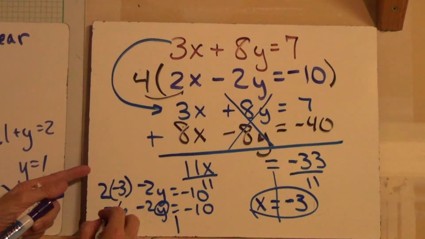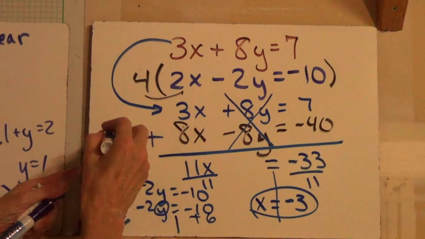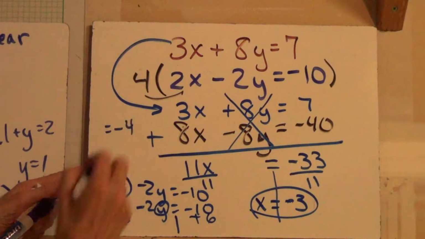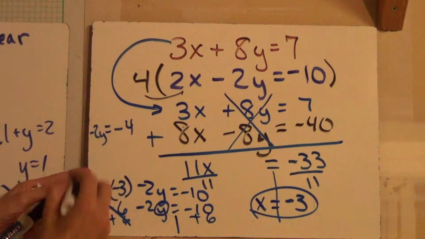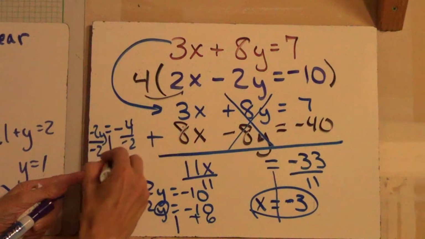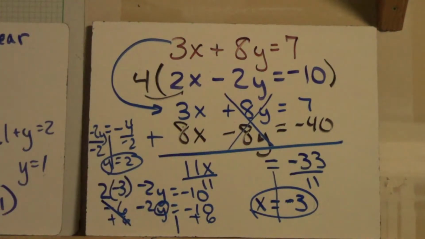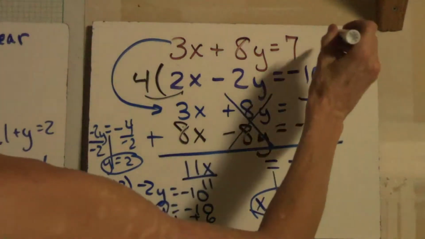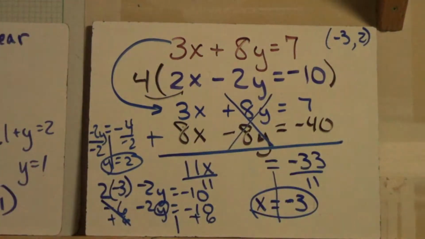To get rid of that, you do a plus 6. A negative 10 and a positive 6 would be negative 4. This wipes out. We have negative 2y equals negative 4. You're going to divide by negative 2. And you find that y equals 2. So your point is (negative 3, 2). You can either graph it or you can plug it in, and it should work in both equations.